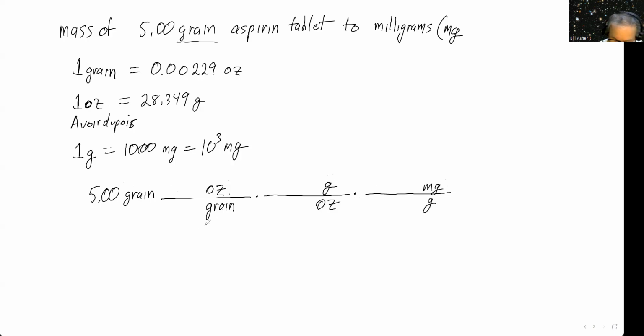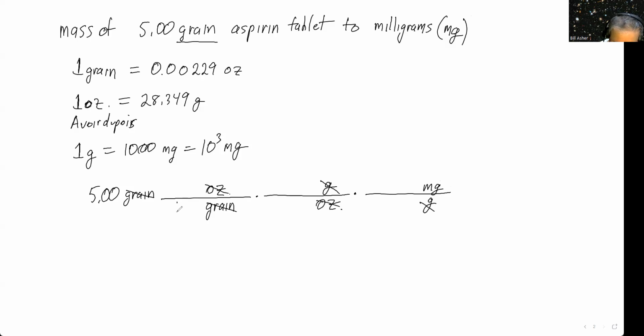And you see what happens is by chaining these together, I've got grains canceling grains here, and ounces cancel ounces here, and grams cancel grams here, leaving me with milligrams, which is the unit I want. And now it's up to me to plug in all of these different things.